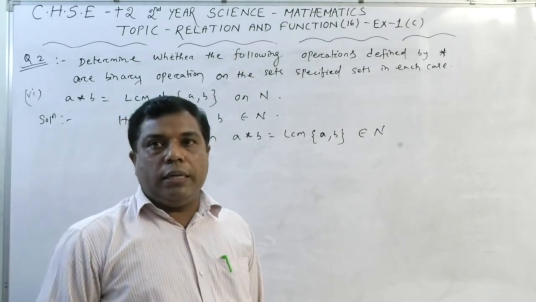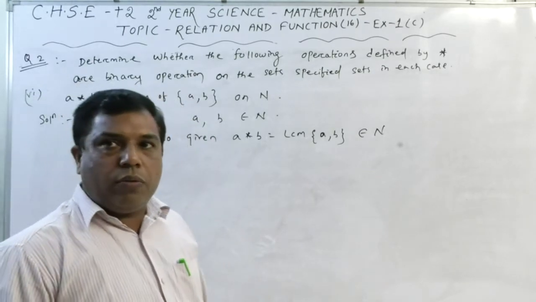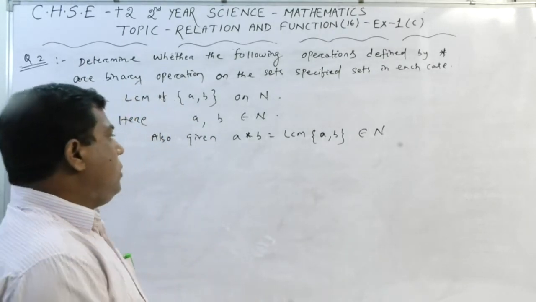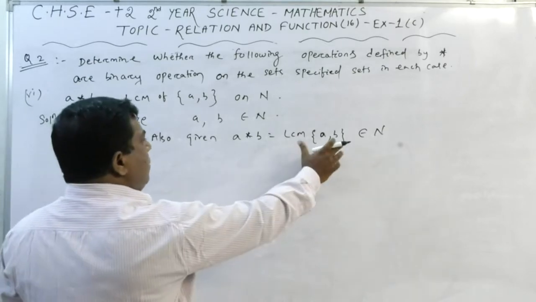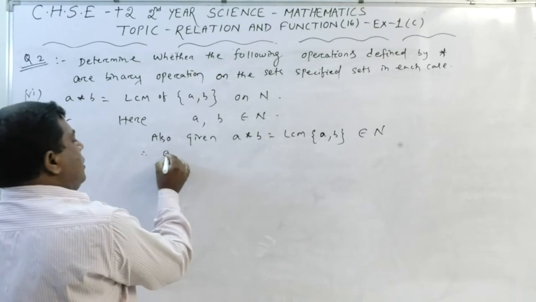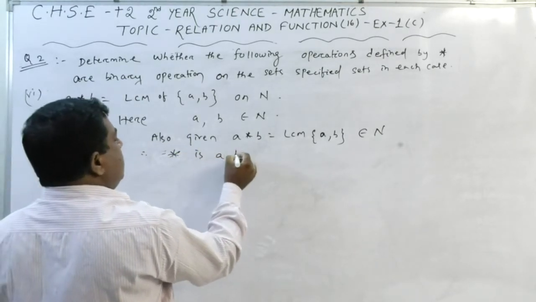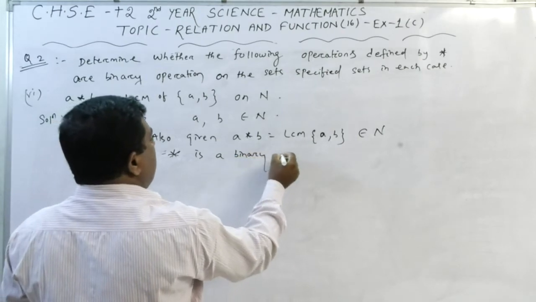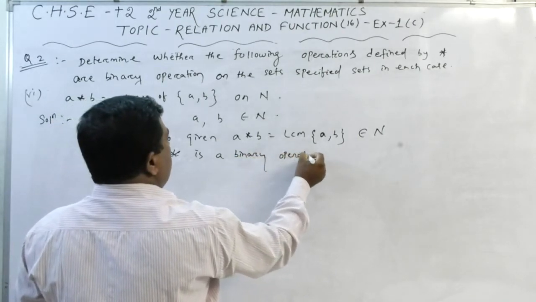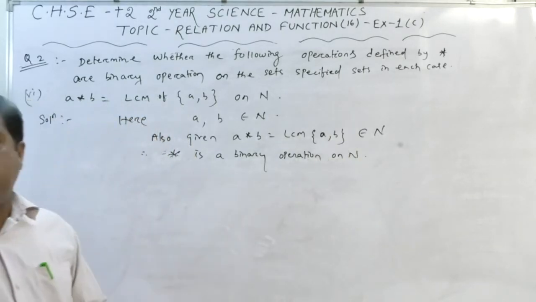The LCM of two natural numbers always belongs to N, that we know. So we can say whatever the natural numbers, their LCM belongs to N. Therefore we can say star is a binary operation on N. Okay, check it.